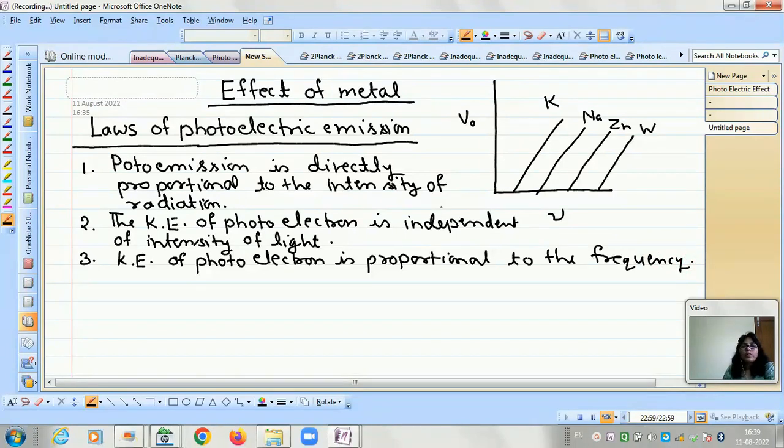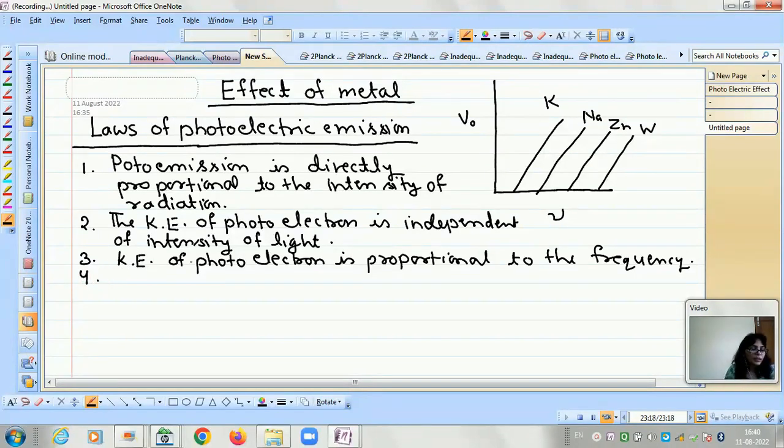You can verify this statement from this graph also, because this potential difference is equivalent to the kinetic energy. eV naught is equal to half mv square, and V naught is proportional to the frequency, therefore kinetic energy is proportional to the frequency. So it is the same relation which we have already discussed.